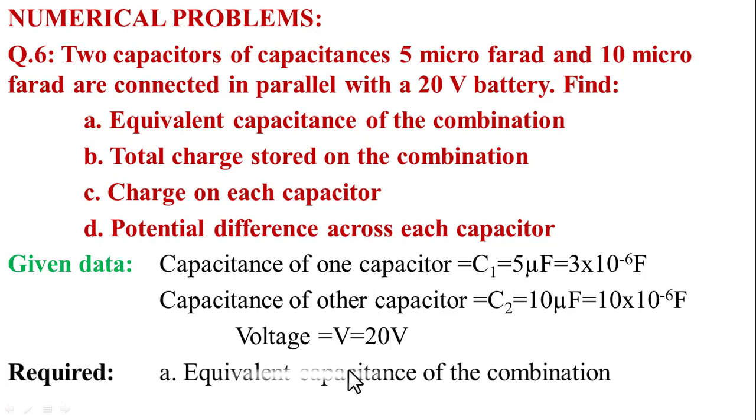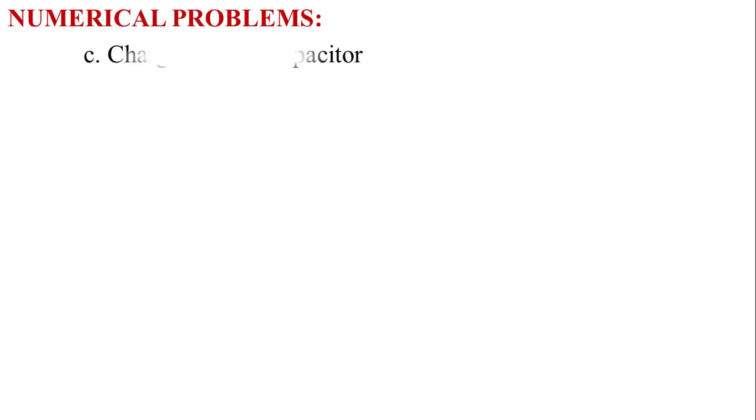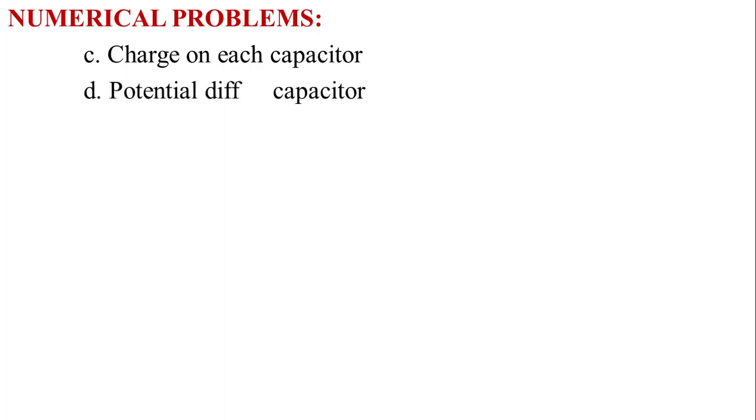Here, first we are required to find the equivalent capacitance of the combination. In part B, the total charge stored in the combination. In part C, the charge on each capacitor. And in part D, the potential difference of the capacitors.